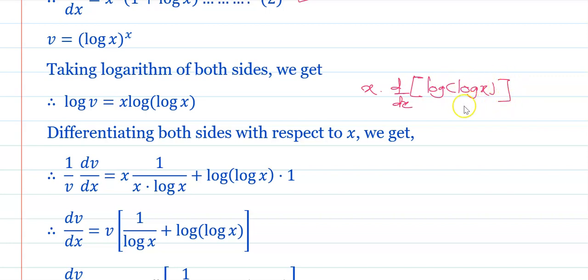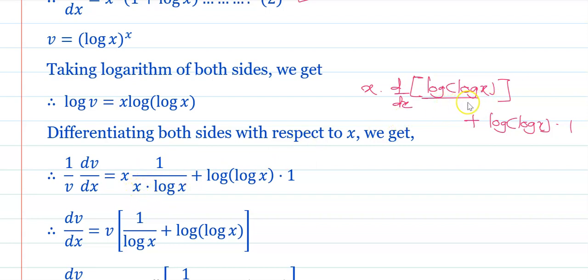Next, keep log of log x as it is, that is log of log x, into derivative of x, which is 1. What is the derivative of log x? It is 1 upon log x into the derivative of this log x, which is 1 upon x.